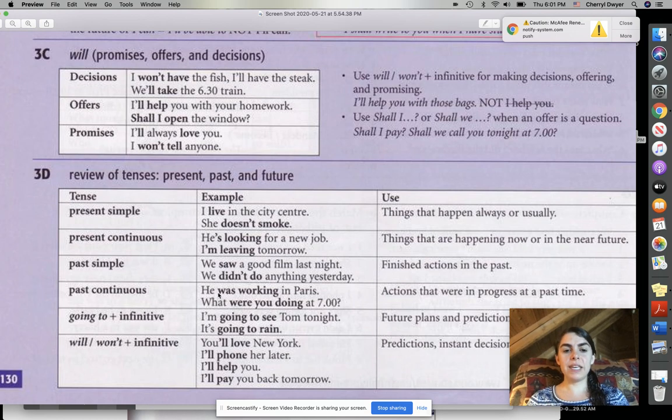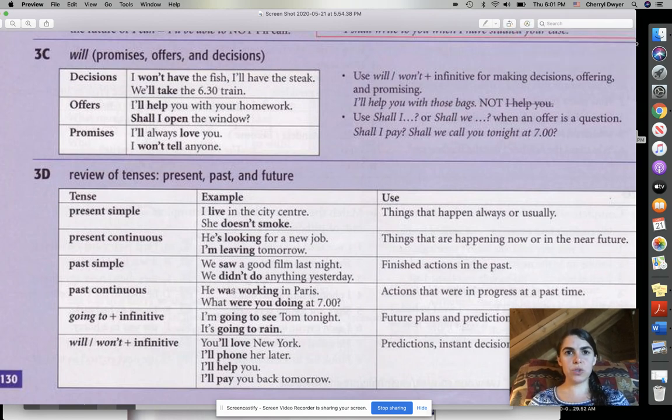So he was working in Paris. Or what were you doing at 7:00, right? So you use was or were and then the verb plus ing for past continuous.